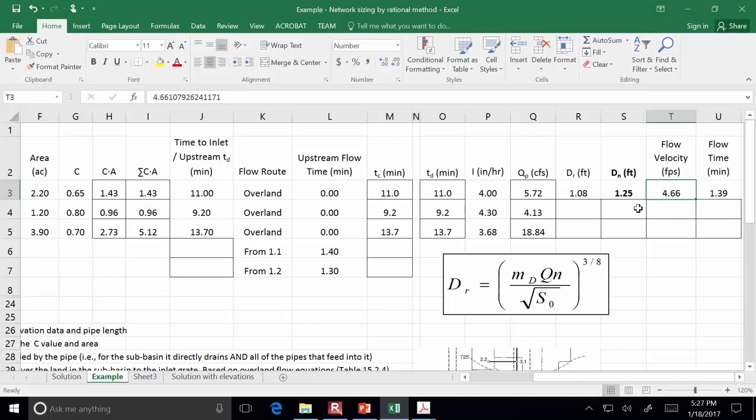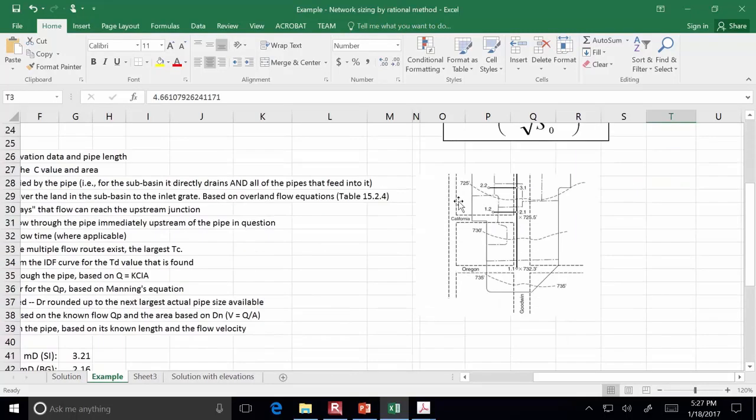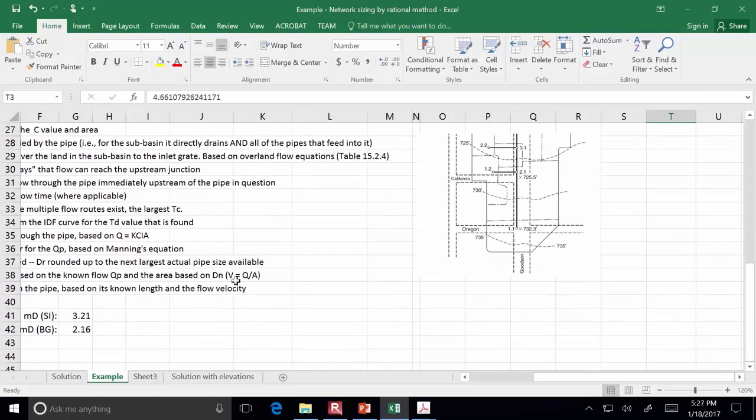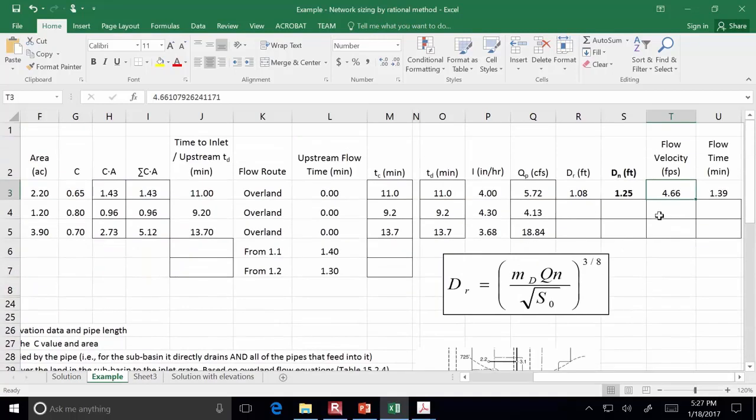And so if that's the pipe size, then for the flow velocity, it says here in the instructions that what you can do is use Q equals VA. And so we have the Q. You can calculate the area based on this diameter and then find the velocity.